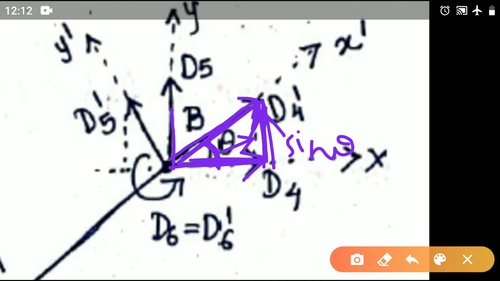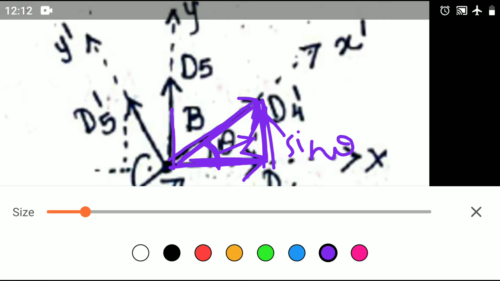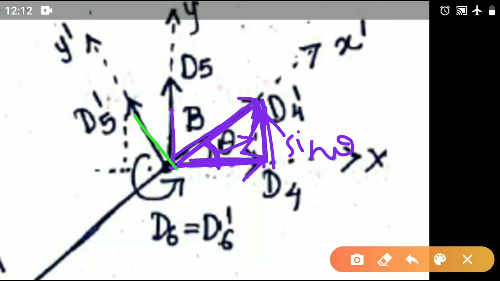And the second equation is for d5 dash. So for this d5 dash hypotenuse, this d4 will be here as minus d4, and this d5.